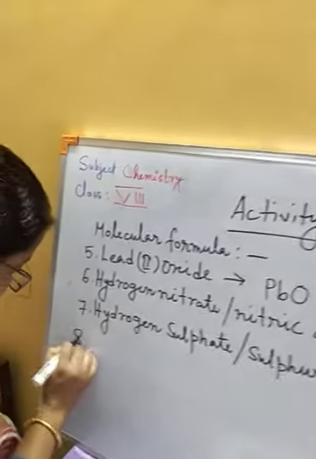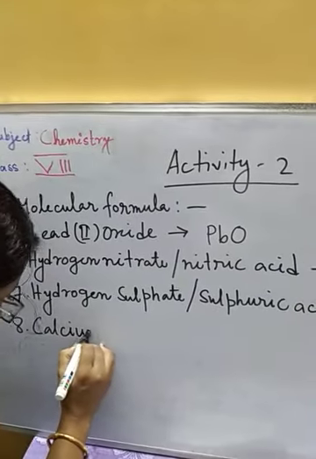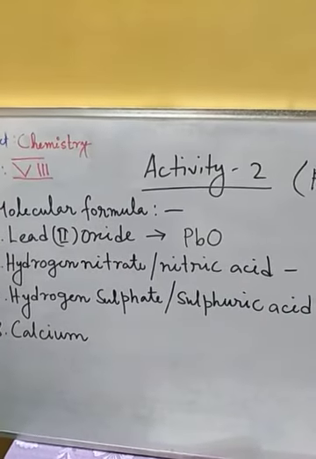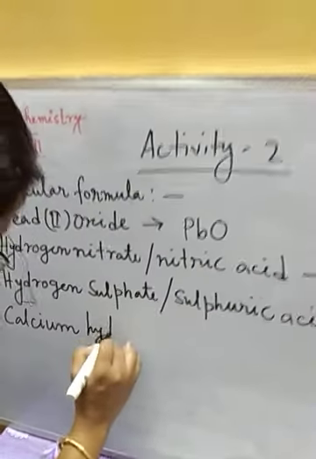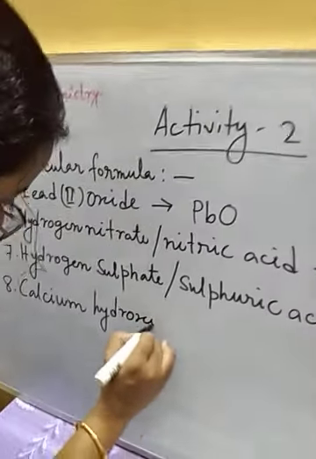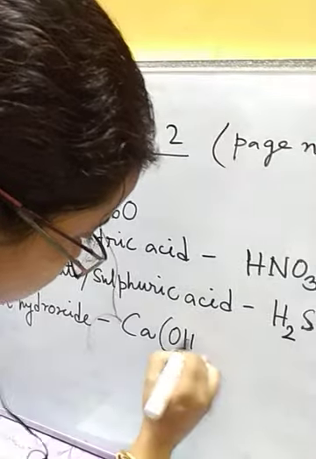Next, number 8, calcium hydroxide. Calcium is 2 plus and hydroxide we know is 1.